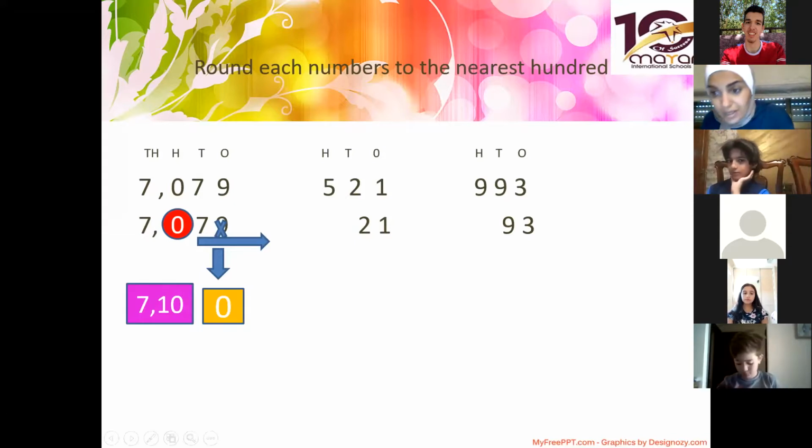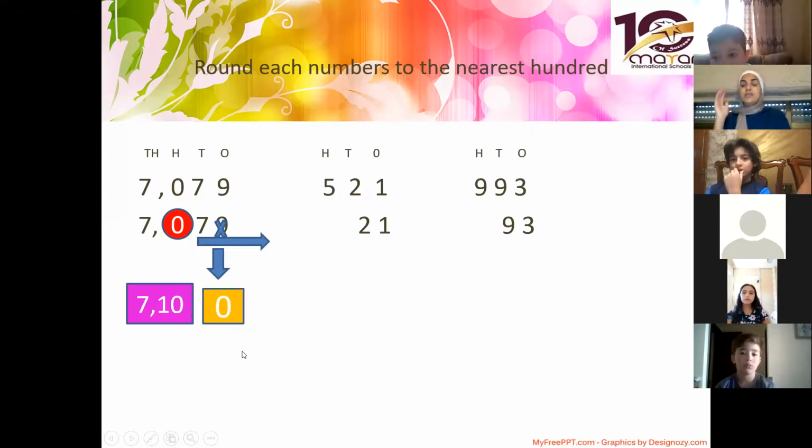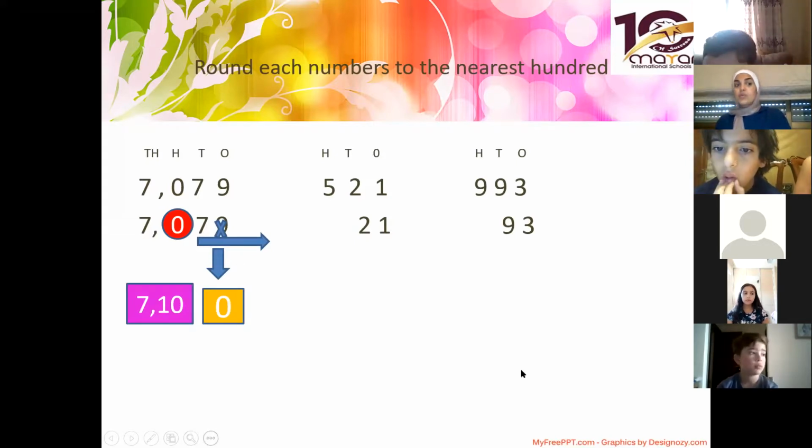We have 100. 100 is the nearest 100 to 79. Okay, so we leave the thousands alone. We don't touch the thousands, and we find the nearest 100 to the number 79. Thank you very much.